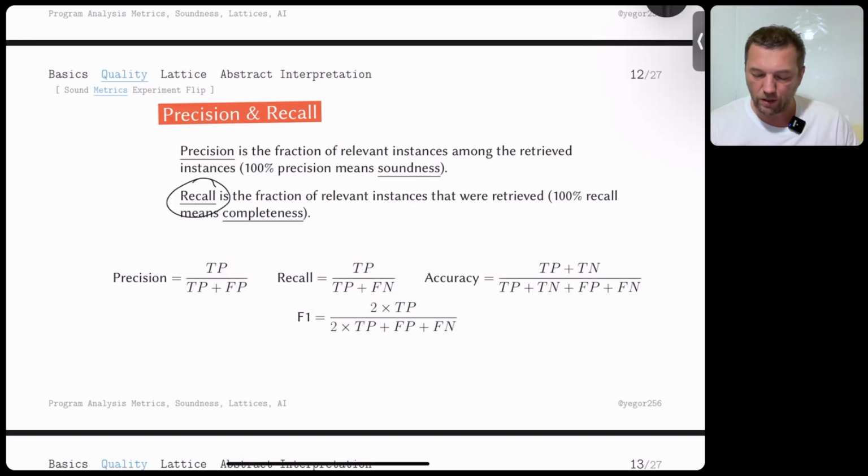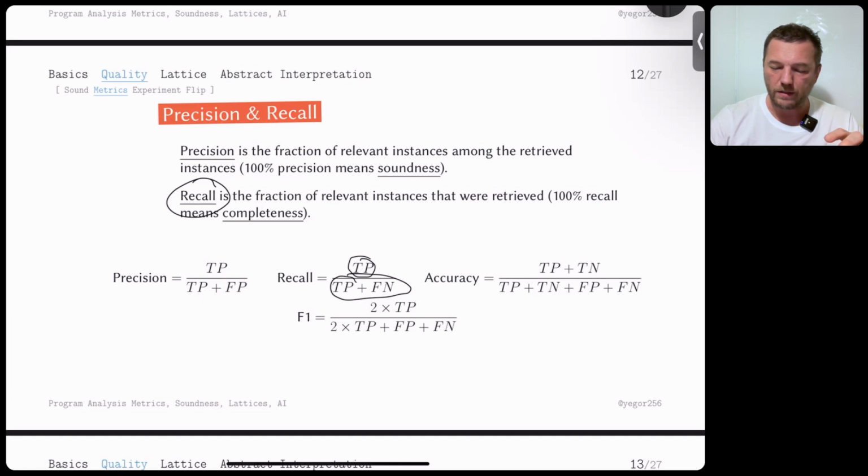For the completeness, we take a look at the bottom part here, and we see there's true positive plus false negative. The true positive still stays at the top, but at the bottom we have true positive plus false negative. So we summarize the good answers at the bottom plus the false negative.